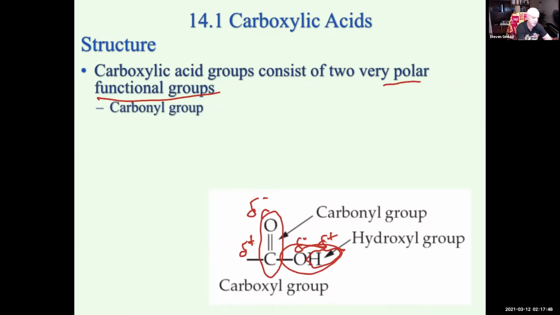Because you have the carbonyl group, C double bond O, and you have the hydroxyl group, OH, both of those groups are polar. Oxygen is more electronegative than carbon, and oxygen is more electronegative than hydrogen. And with a hydroxyl group, you also have hydrogen bonding to another OH group. So the physical properties are going to deal with those two polar groups.